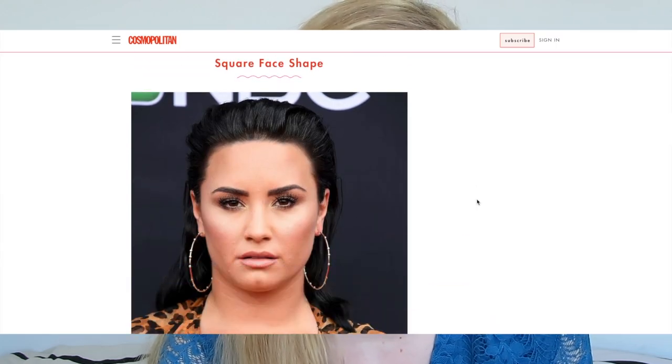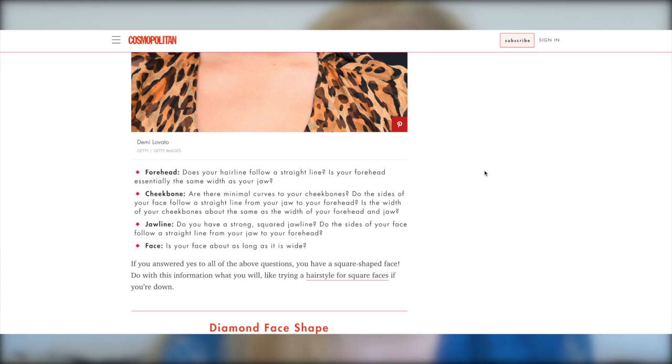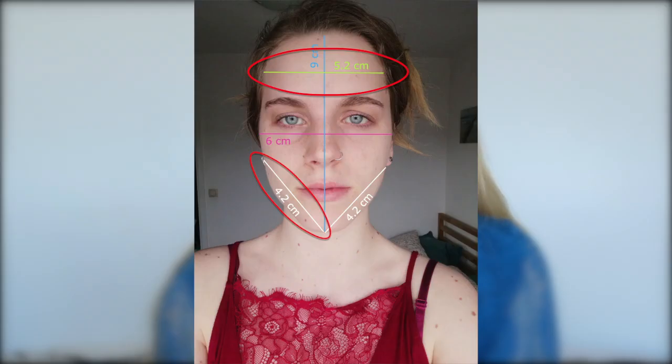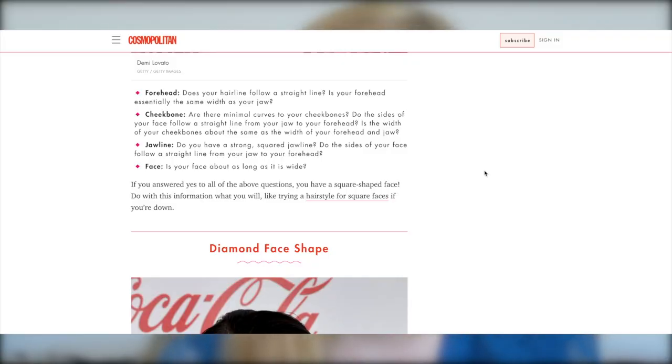The square face shape. Does your hairline follow a straight line? Is your forehead essentially the same width as your jaw? So let's see. No, I don't think it's the same width. And my hairline, is that a straight line or is it more rounded? I have no idea. Let's say yes for now and go to the next one. Are there minimal curves to your cheekbones? I guess a little bit. Do the sides of your face follow a straight line from your jaw to your forehead?